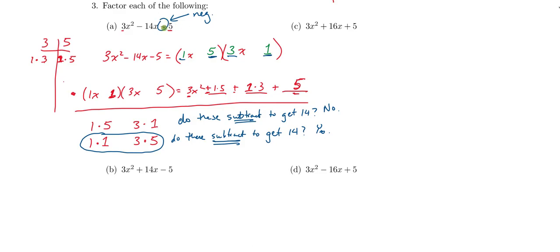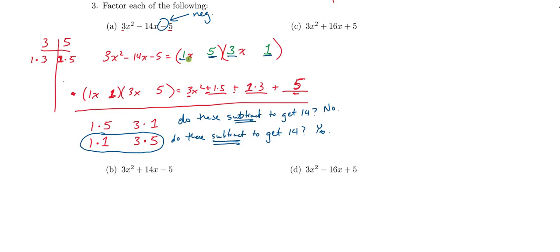We previously said that because this sign is negative, I know that either this sign, don't write this down just yet, folks, because I don't know if it's right, that this sign is going to be positive and this sign is going to be negative, or this sign is going to be negative and this sign will be positive, but they must be opposite signed so that when I do my lasts, I get a -5. Okay, so now the very last part of this is in the instance where these have different signs, we ask ourselves, okay, what product is larger, 1x times 1 or 3x times 5?